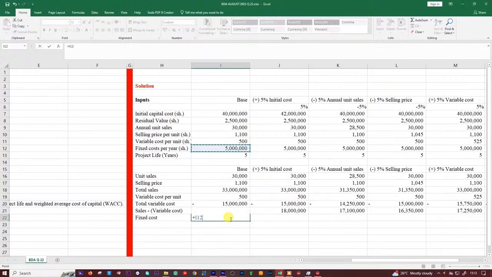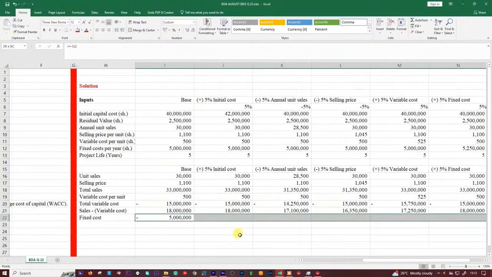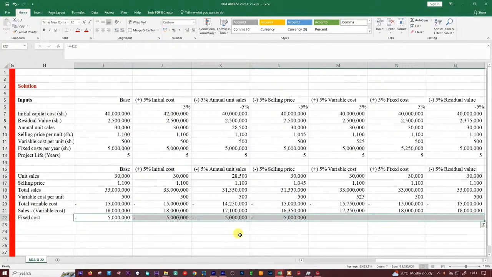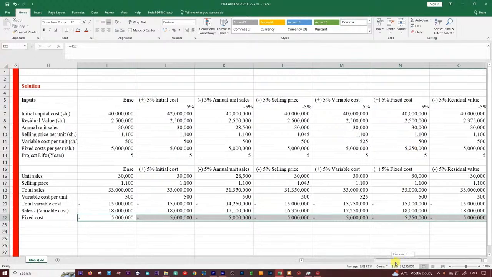So we enter, and because we're saying it's a cost itself, let's put a negative sign there to show that it's a cost. Then we move towards the right like that. Remember, the component of fixed cost over here changed, 5 million and 250. So we're putting a negative over here just to indicate that it's a cost.